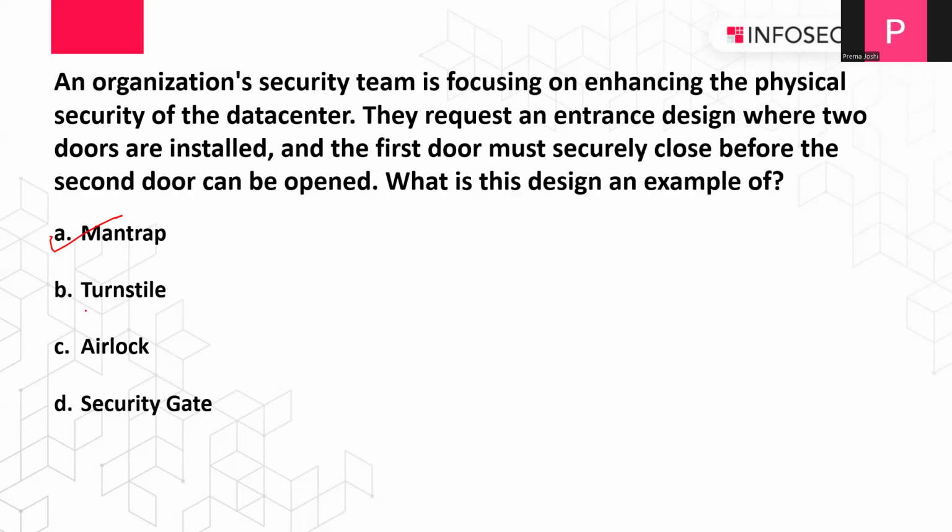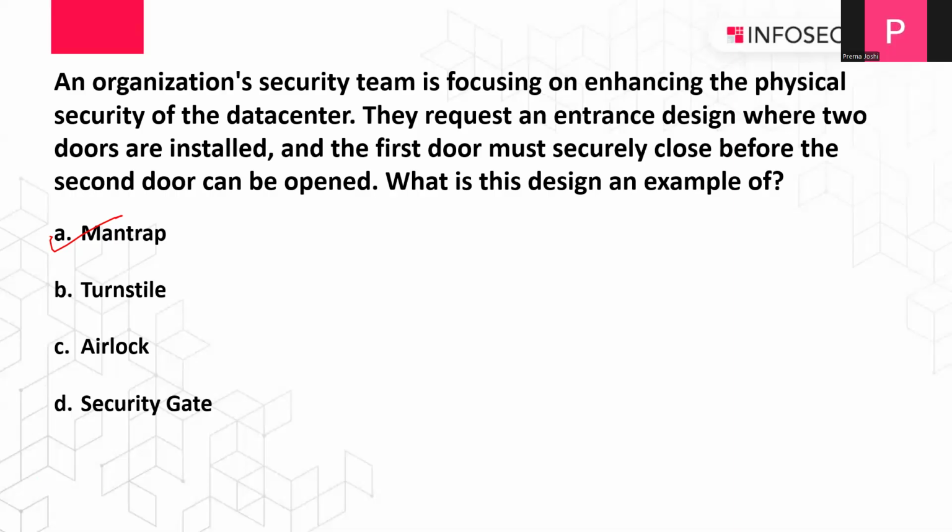We have other options like turnstile, airlock, and security gate. A turnstile is a mechanical barrier used in public places to control the flow of pedestrians. An airlock is a mechanism used in environments like laboratories or airspace to prevent air or contaminants from passing between spaces.